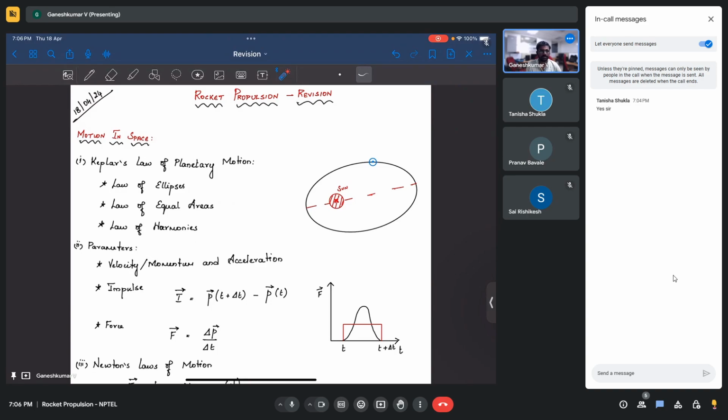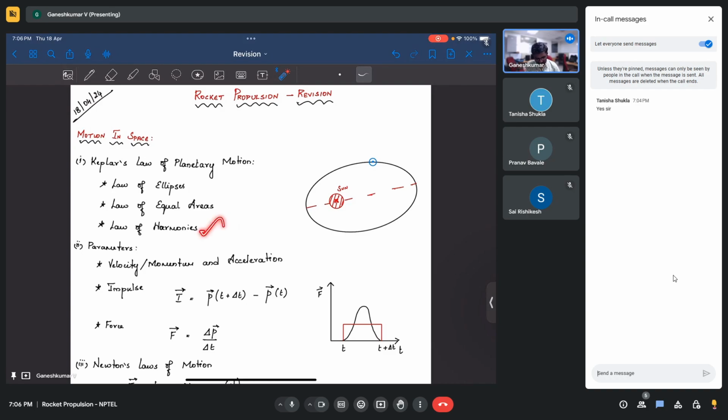It tells us the planet revolves around the sun in an elliptical orbit, right? The law of equal areas says equal areas are swept in equal intervals of time. So when the planet moves in orbit, the area swept by the planet will be equal if the delta t time intervals are equal.